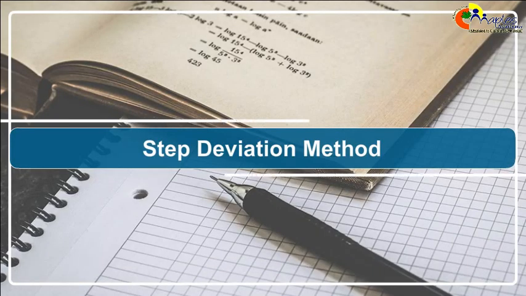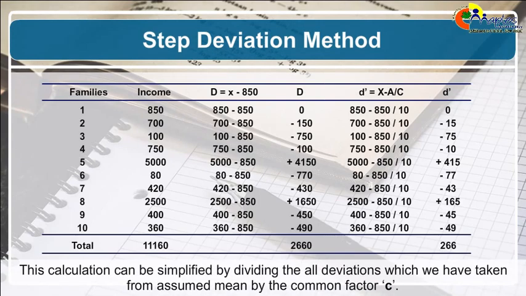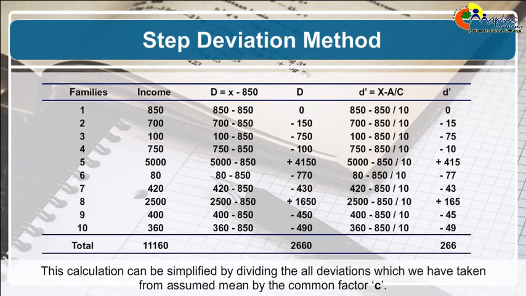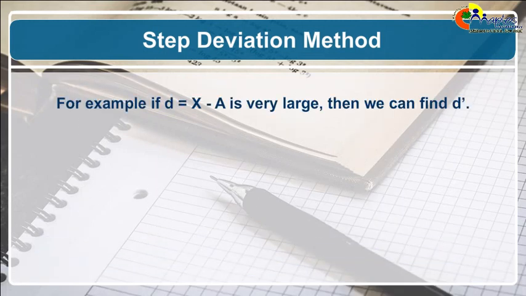Step deviation method. This calculation can be simplified by dividing all the deviations taken from the assumed mean by a common factor c. For example, if d = x - A is very large, then we can find d'.